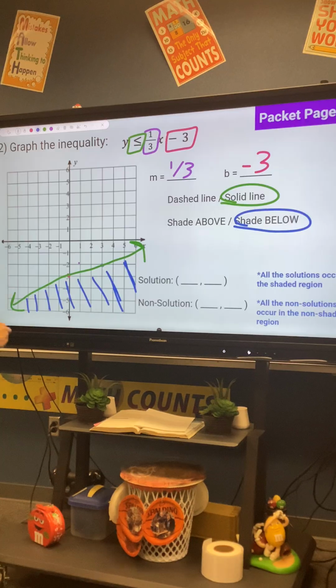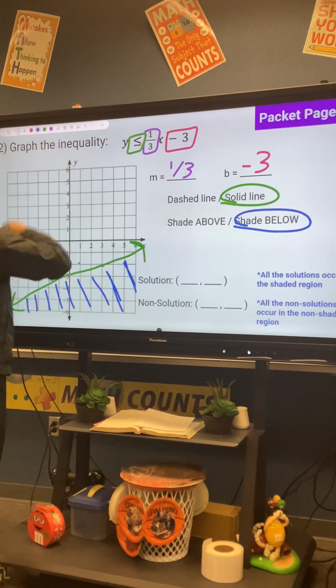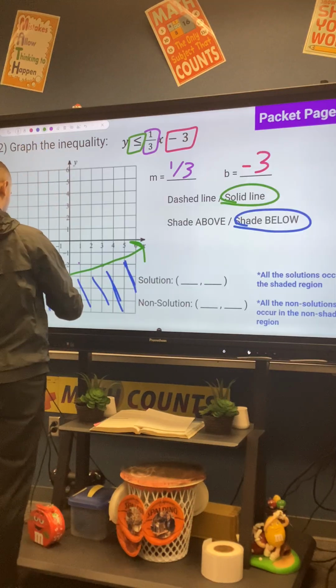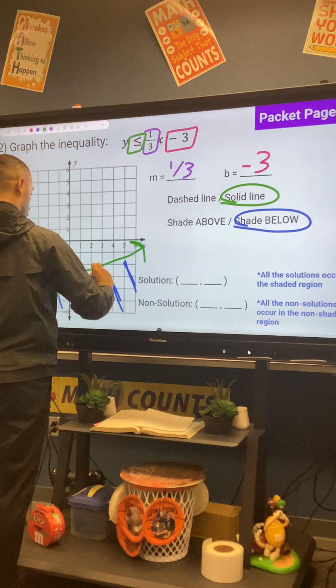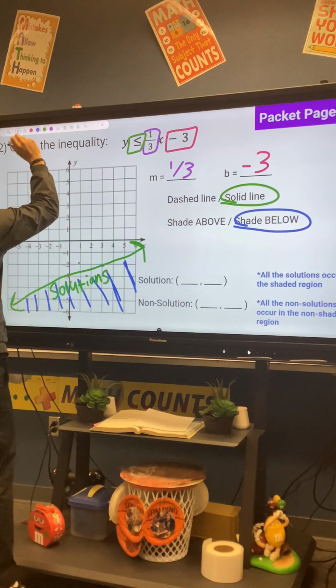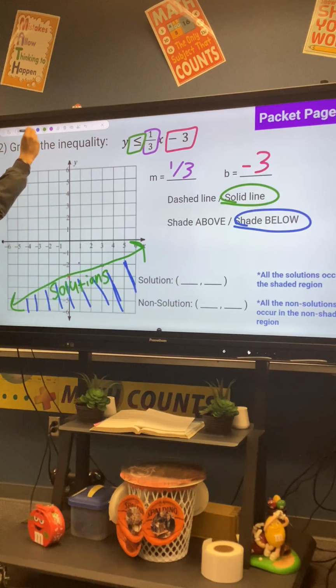One second. So for my solutions, remember, everything that is in this shaded area is a solution, right? So pick a point inside that area, somebody. You said 3, -4?